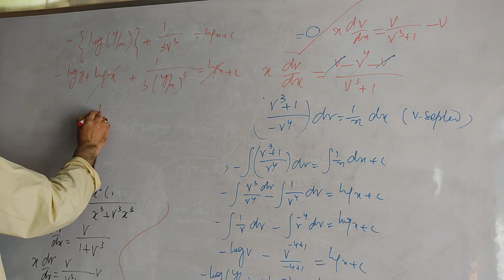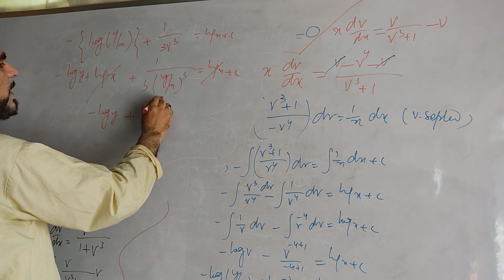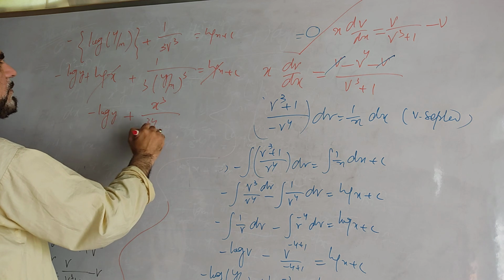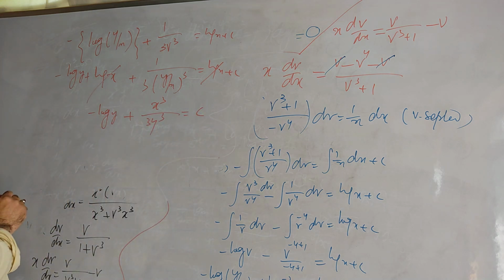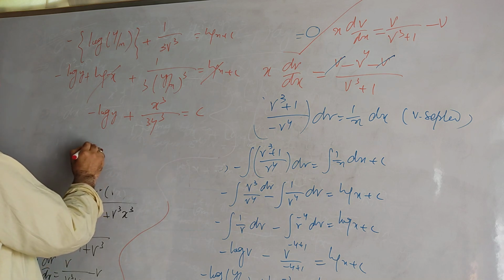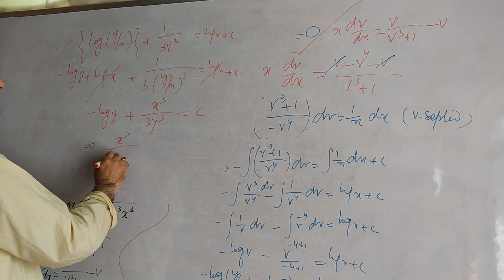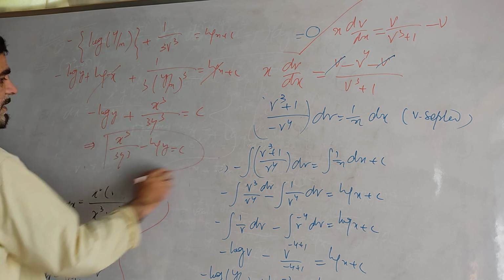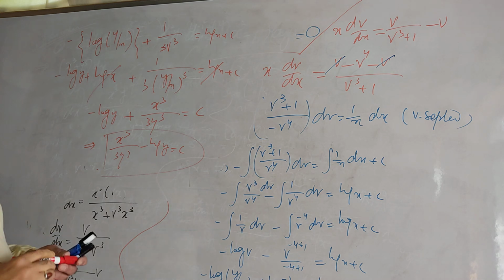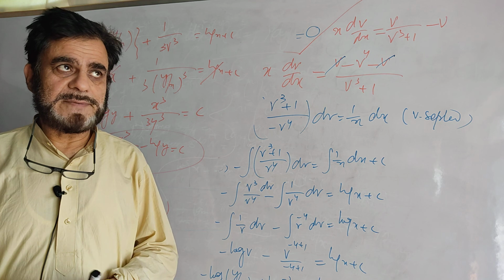Well, this is minus log y plus x cube by 3y cube is equal to c. So you can write the solution as x cube by 3y cube minus log y is equal to c. This is the solution of this differential equation.